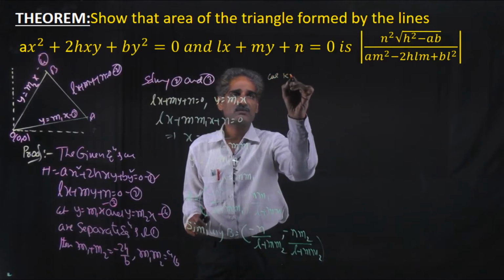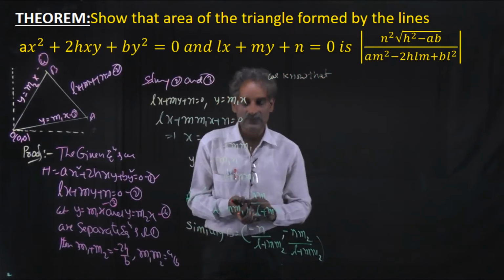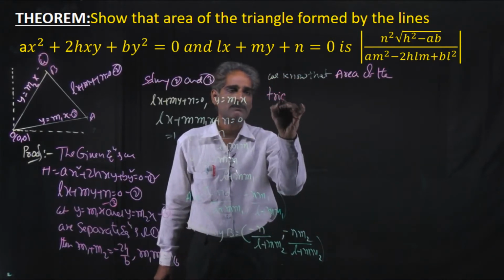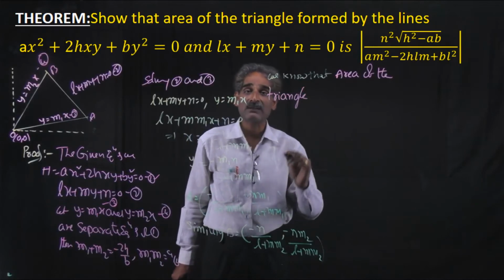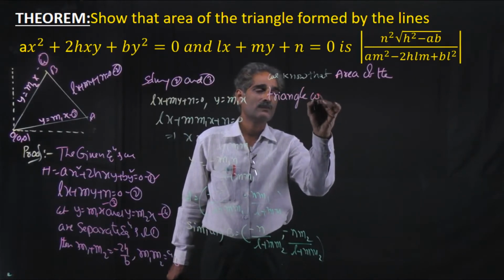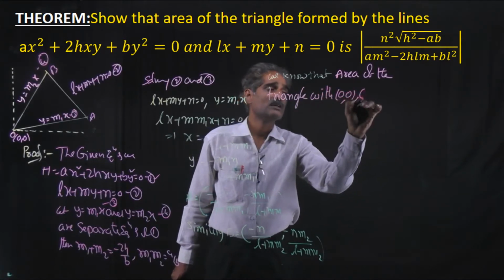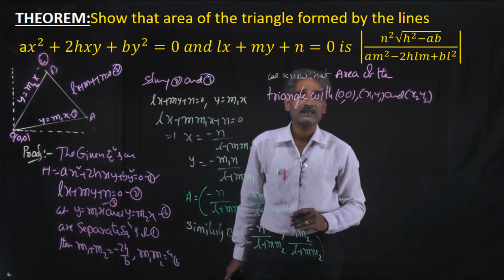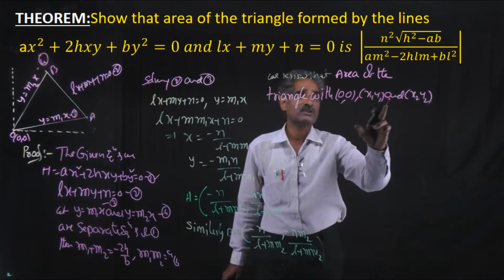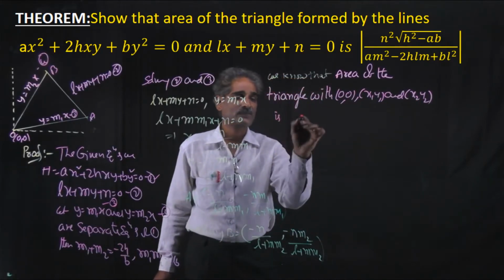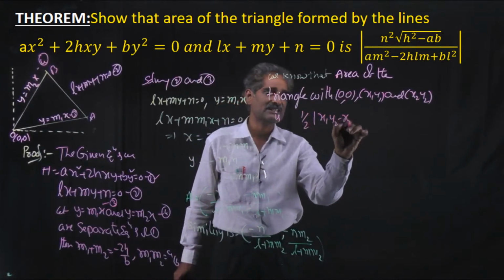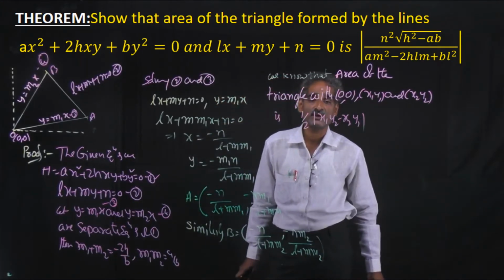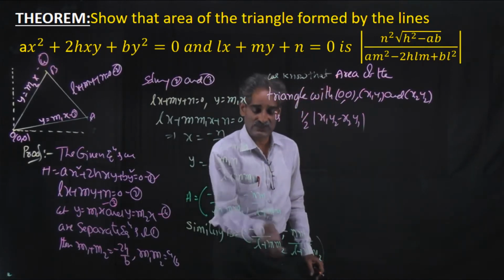We know that the area of the triangle with vertices 0, 0, x1, y1 and x2, y2 is half into modulus of x1 y2 minus x2 y1. Here, let us take this equal to x1, y1 and this equal to x2, y2.